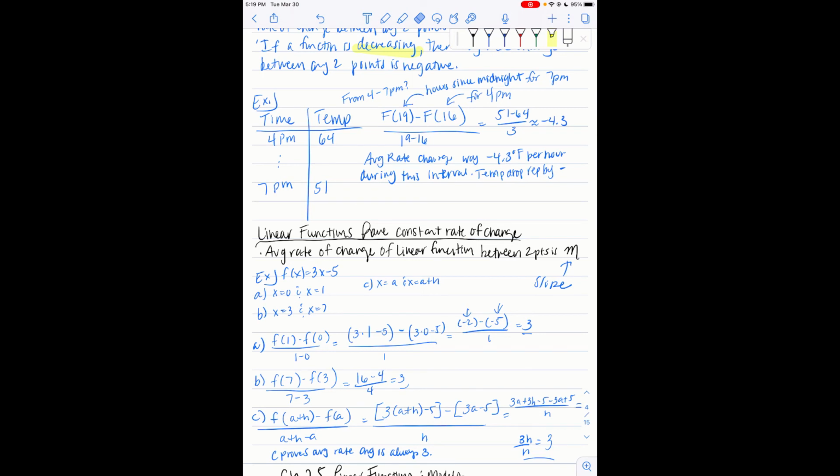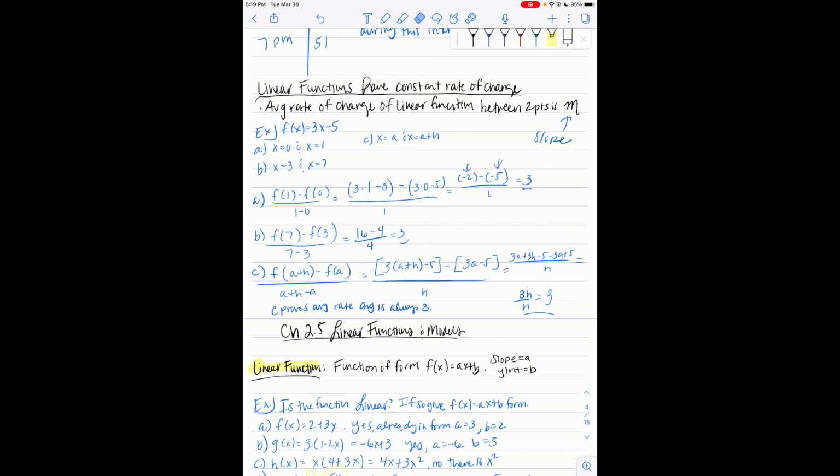And then 16 for 4 p.m. after midnight. That's how this problem is set up, and I just wanted to clarify that. And it's 51 minus 64 over 3, which is approximately negative 4.3 Fahrenheit. So the temperature drop is represented by a negative because the temperature is decreasing.